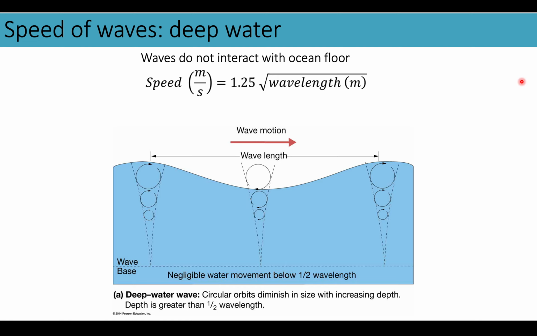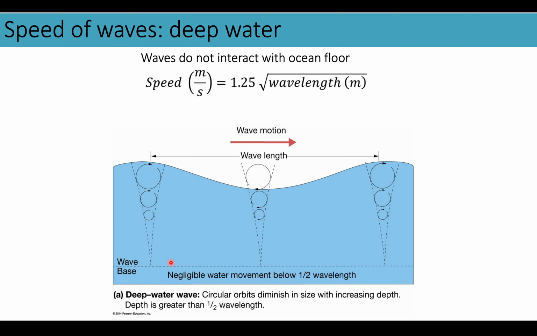So waves travel at different speeds depending on if we're thinking about deep water versus shallow water. In deep water, the waves don't interact with the ocean floor. The influence of the wave actually will reach down a little into the water column, but not that much.